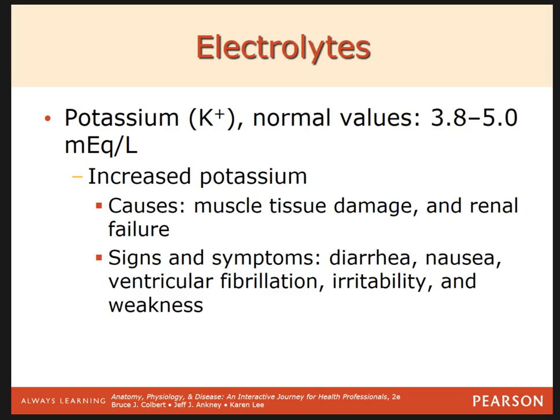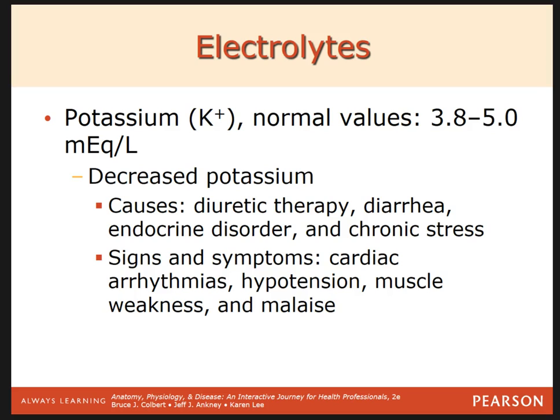Signs and symptoms may be diarrhea, nausea, a ventricular fibrillation, irritability, and weakness. Now, a note about potassium's level, that 3.8 to 5 milliequivalents per liter, that is a narrow range, and excessive potassium actually can cause arrhythmias, and if they're too excessive, they can cause the heart to stop.